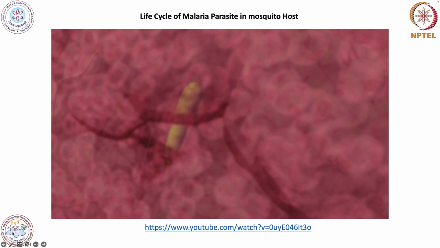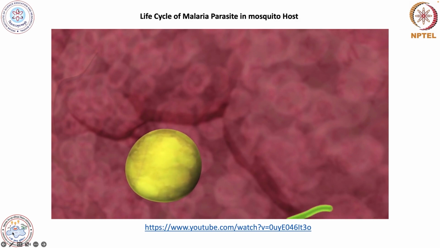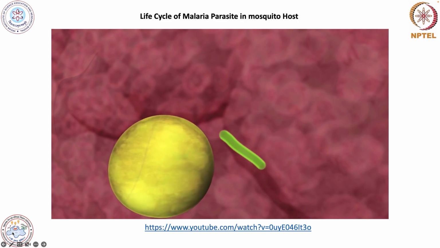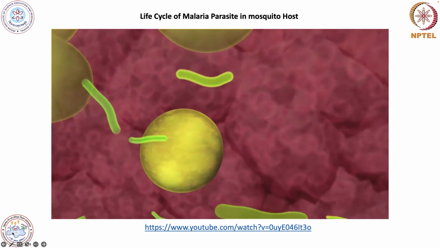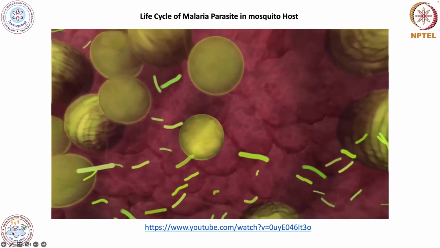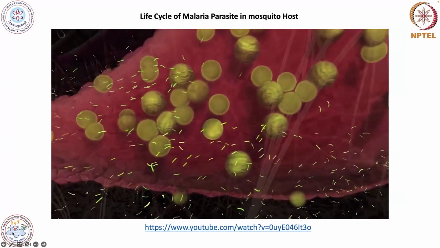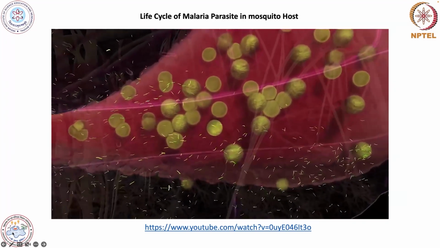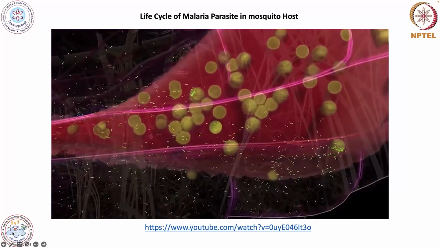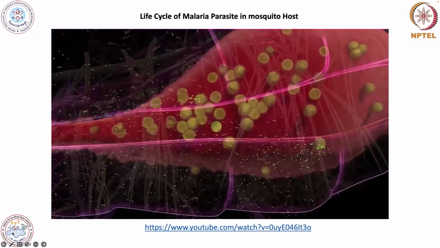It migrates to the outer lining of the mosquito's stomach before transforming into a cyst. Each cyst produces thousands of thin, tiny parasites which seek out and infest the mosquito's salivary glands.